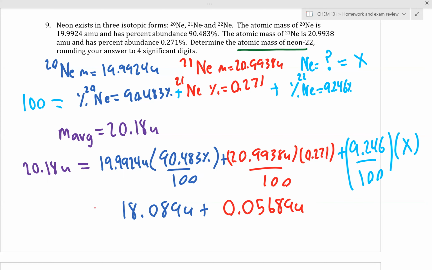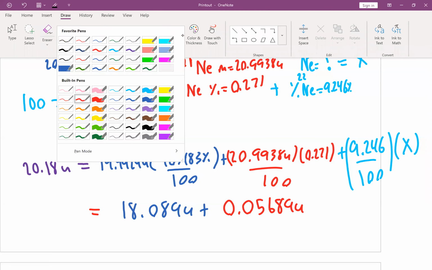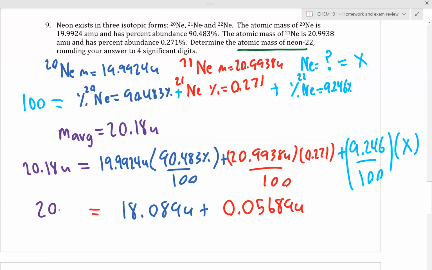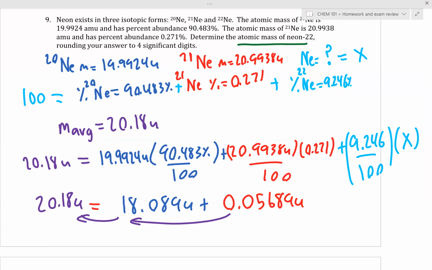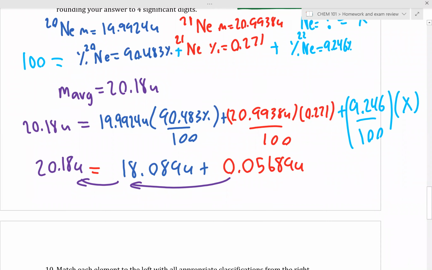Okay, now with this established, we can move all of our numbers to the left-hand side. So we're going to subtract all of our numbers. Does that make sense? Okay. So I'm going to do that really quickly. I'm going to take 20.18 minus 18.089 minus 0.05689.